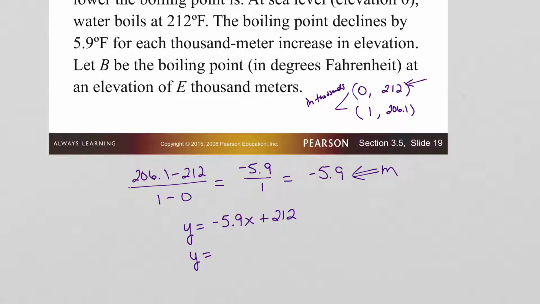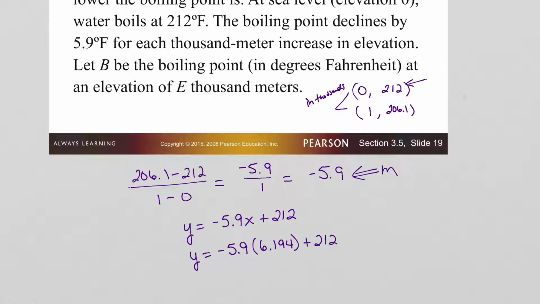So y is equal to negative 5.9 times 6.194 plus 212. The 6.194 is an elevation, that's why I put it in the x position.